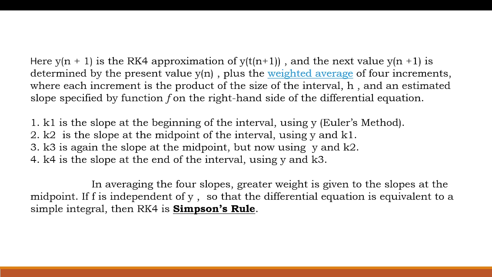In averaging the four slopes, greater weightage is given to the slopes at the midpoint. If f is independent of y, so that the differential equation is equivalent to a simple integral, then RK4 is called Simpson's rule.